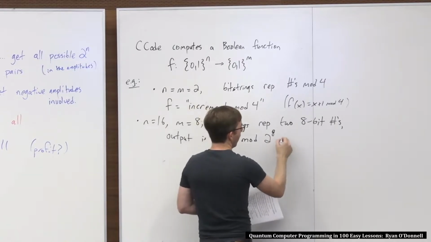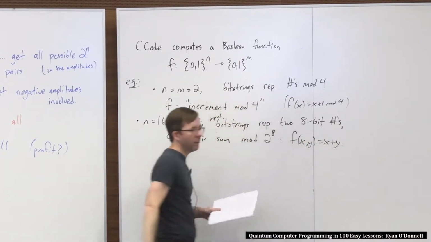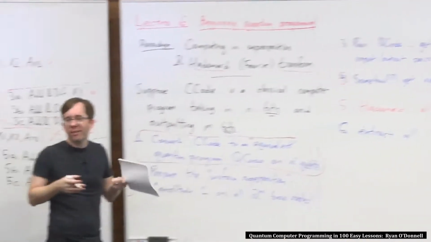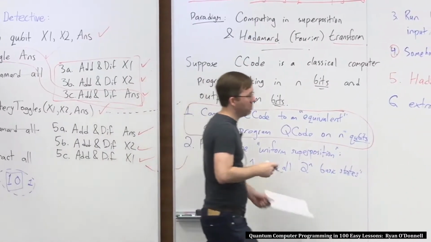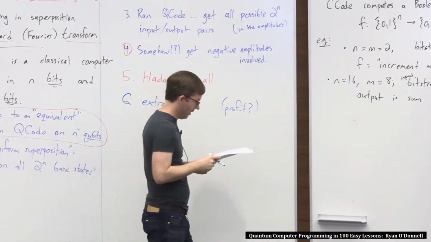So it's f of x, y equals x plus y, but you delete the higher carry bit. That's a basic function. It's a classic function that's implemented somewhere on a chip on your laptop, probably with 64 instead of 8. So it's used a lot.